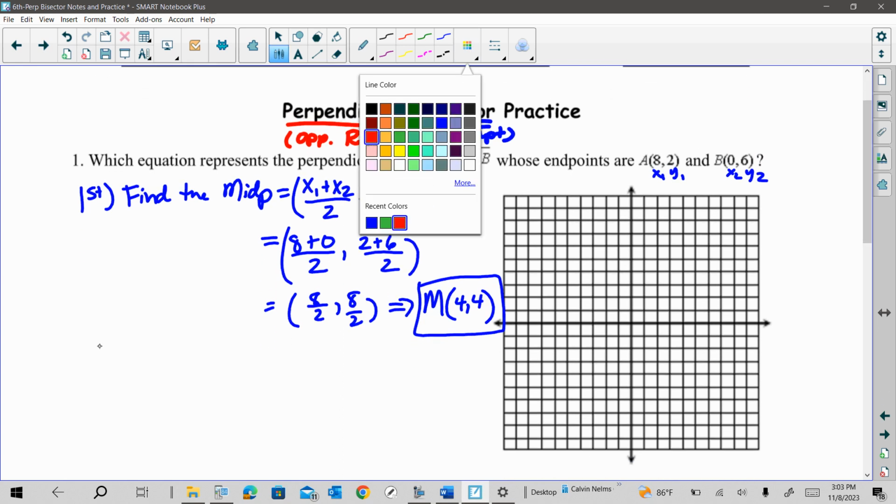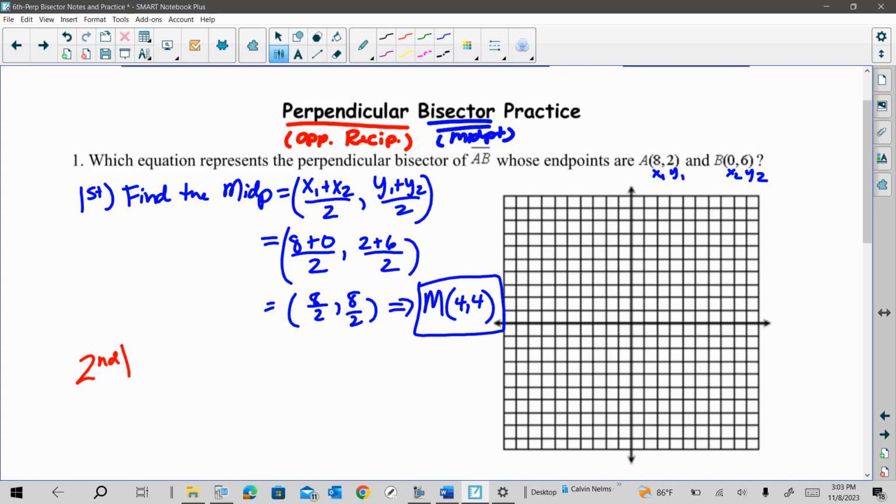Then second, we're going to find the slope. Now, we can use the slope formula, which is, I'm going to use the formula based on the 3 steps on our notes, which is y2 minus y1 over x2 minus x1.